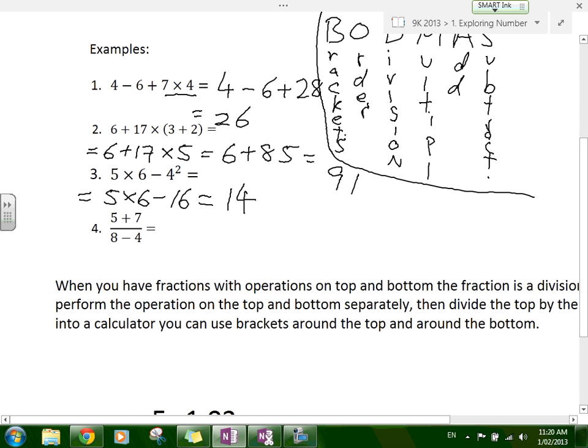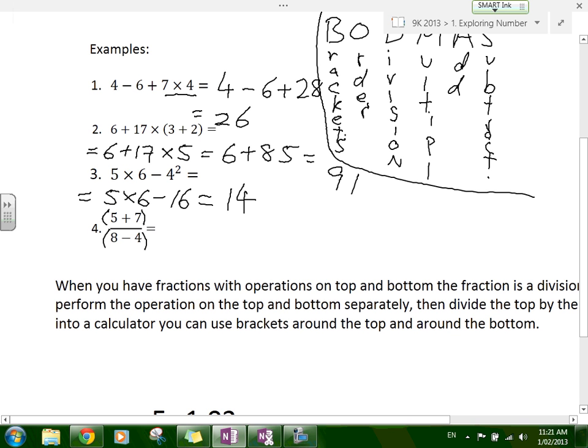Now the final one. This fraction sign is also a division sign. You can write division as a divide, or you can give a fraction. Yes, John? Alright, so the reason is we need to do the operations on the top and the bottom separately. You do the top, you do whatever's on the bottom, and then you do the top divided by the bottom.